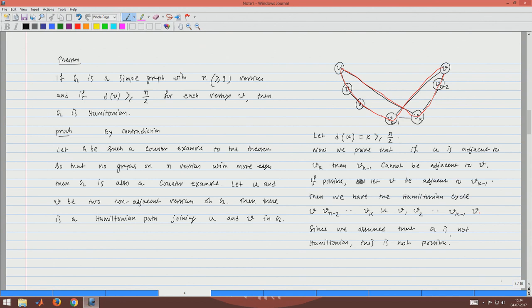See, we assumed that G is a counterexample. So, G is not Hamiltonian, but here it is becoming that G is Hamiltonian. So that means v can't be adjacent to v(k-1). So, v is not adjacent to v(k-1).